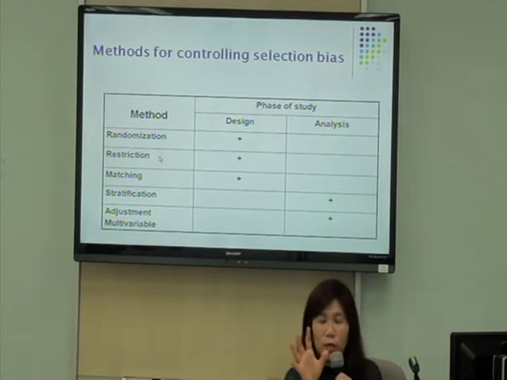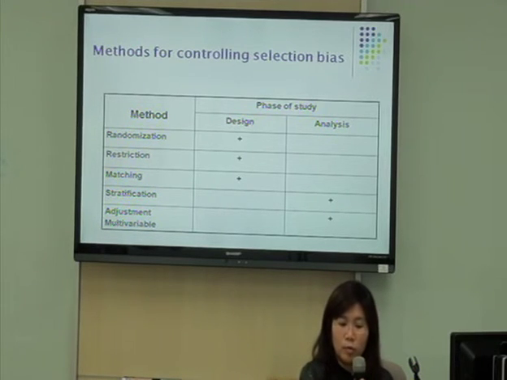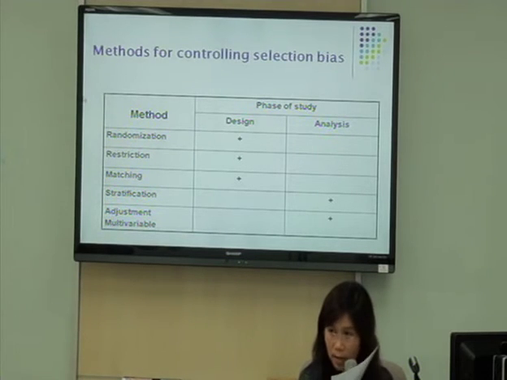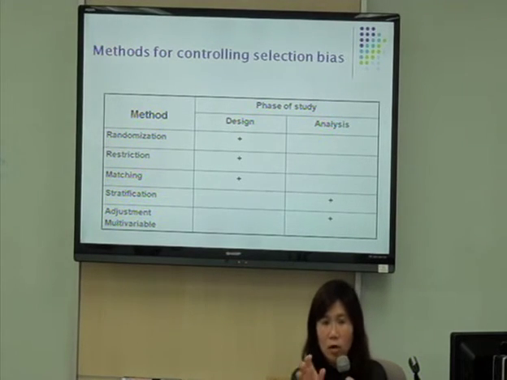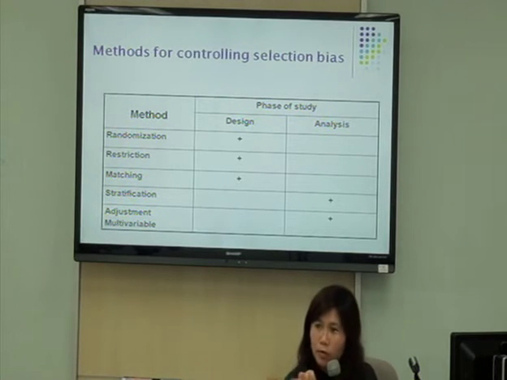Another thing we use in matching, which I did not answer yet today, but if you read this assignment, they use the propensity score for matching. Propensity score is also a way of matching, but they use a score to be matched.